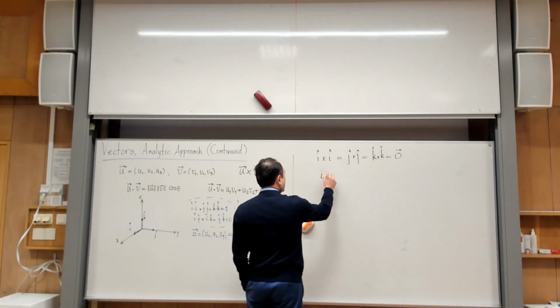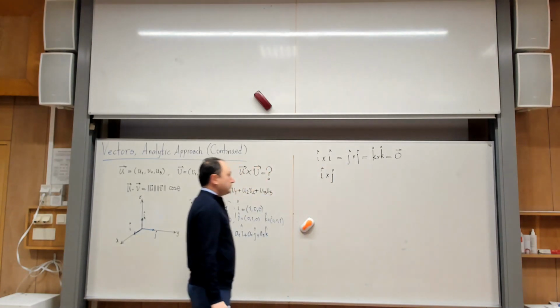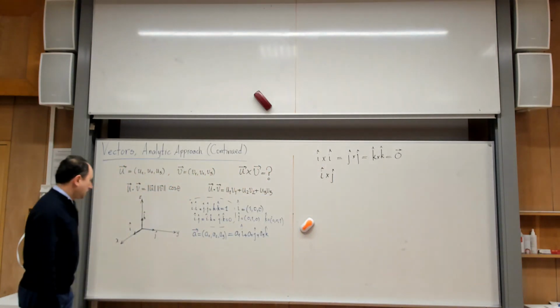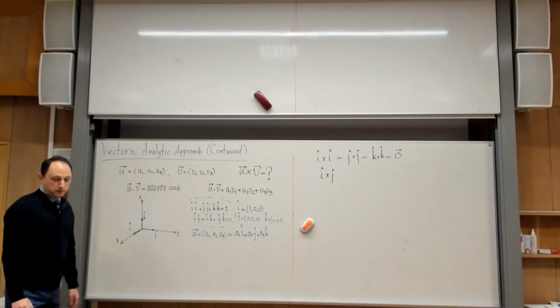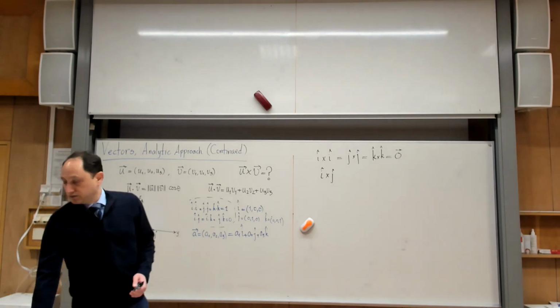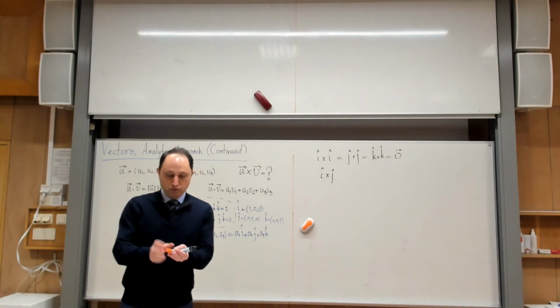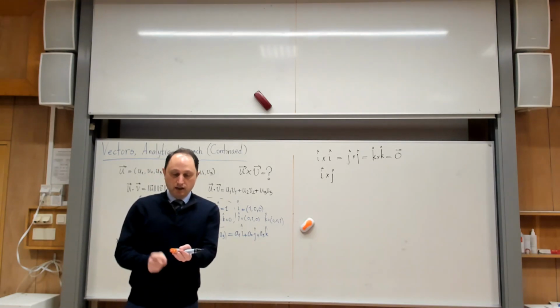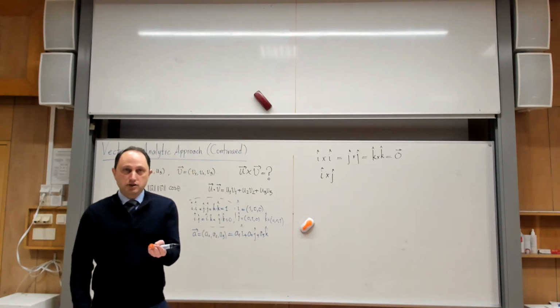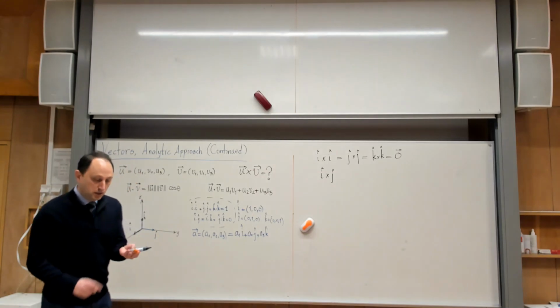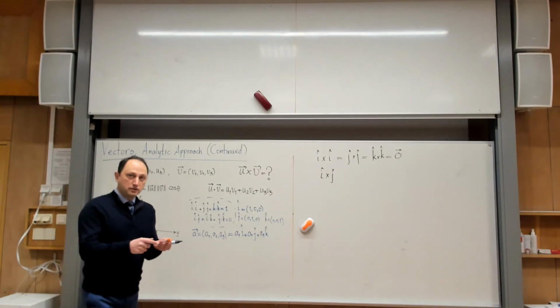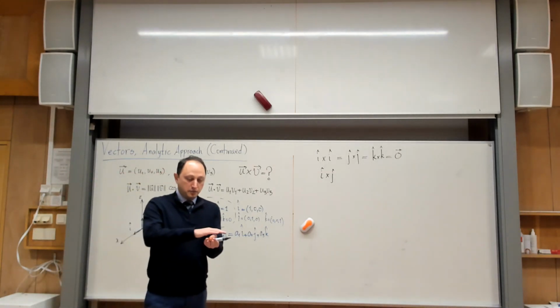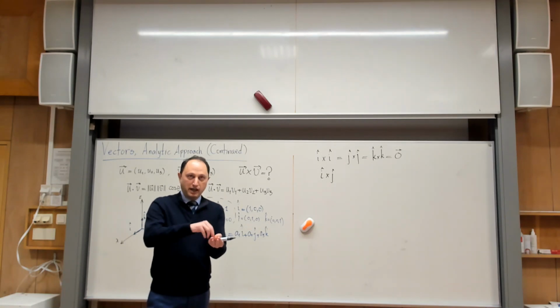If I cross product i and j, what happens? Assume that this is i, this is j. Definitely this becomes a vector, and that vector is perpendicular to the plane of my hand.